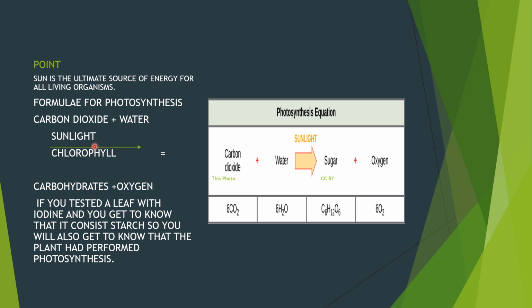Plus water, in the presence of sunlight, which is in the atmosphere and produced by the sun, and chlorophyll, which is there in the leaves. It's a green pigment. Whichever plant has a green pigment would obviously have chlorophyll. That equals carbohydrates, which are sweet molecules, plus oxygen. Oxygen, we breathe it every day. We can't live without it.